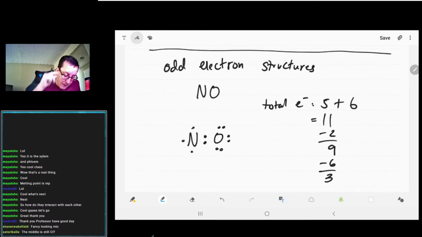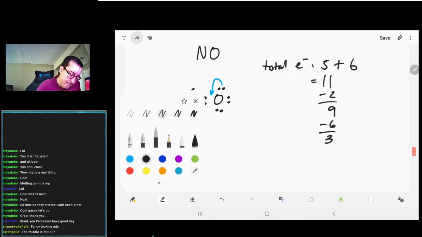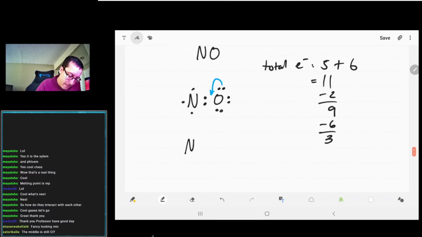So looking at this, our poor nitrogen has 5 electrons. Not quite enough. What's going to happen is we're going to end up pairing off another one of those. And making a structure like this. And we see we have an unpaired electron there that we're not going to be able to do anything with.